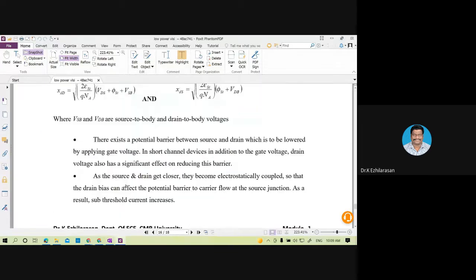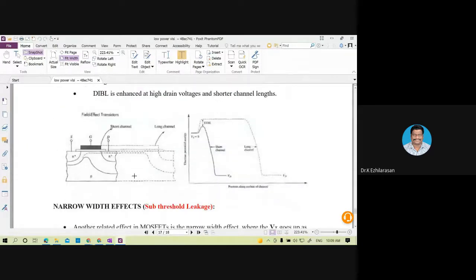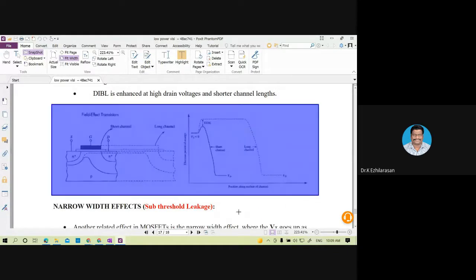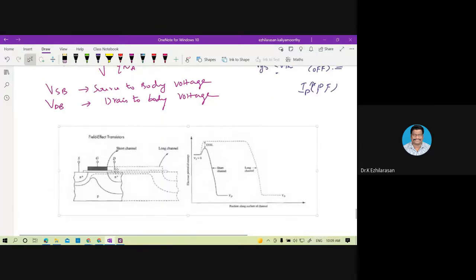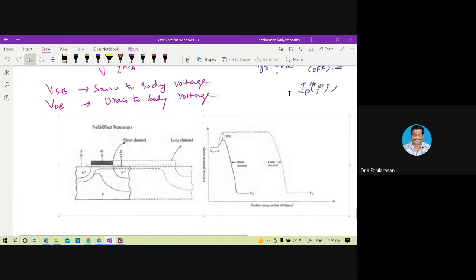The DIBL diagram will be like this, and see this. Here we are showing both the long channel and the short channel. For the long channel, this will be your depletion region.